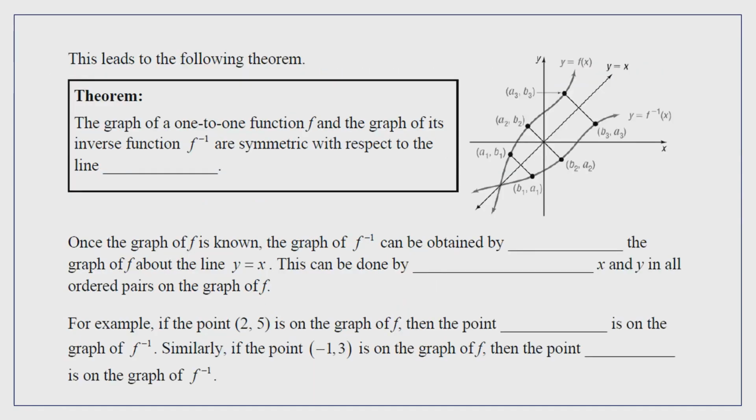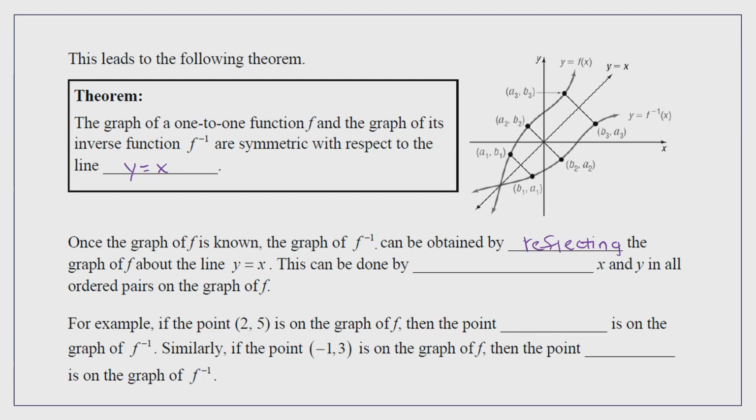The graph of a one-to-one function f and the graph of its inverse function are symmetric with respect to the line y equals x. So once the graph of f is known, the graph of the inverse function of f can be obtained by reflecting the graph of f about the line y equals x.